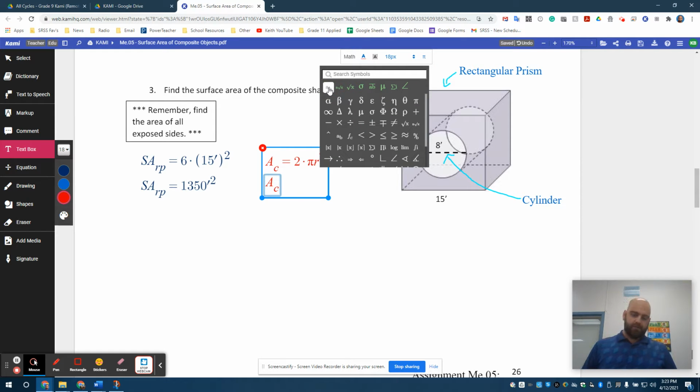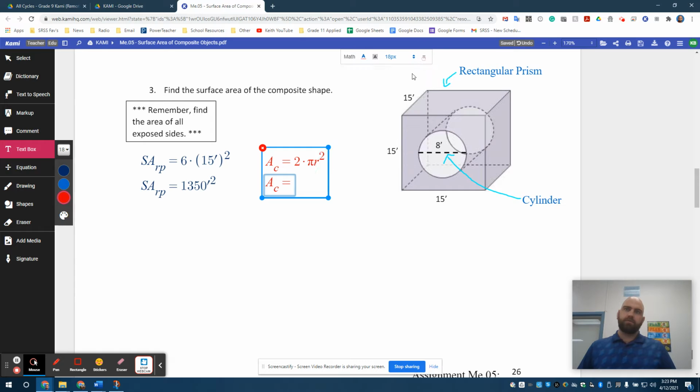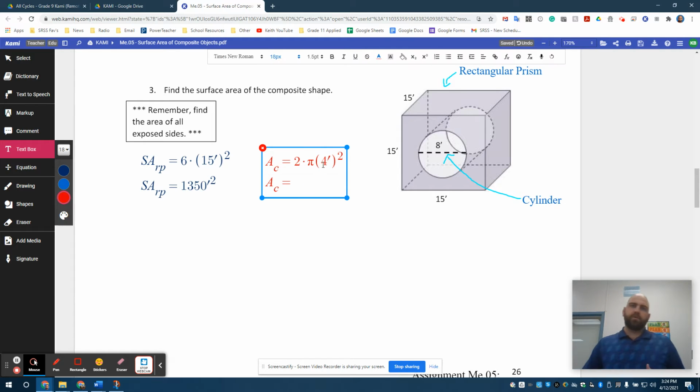So the area of the circle is equal to, actually, let's put the radius in right away. It's 4 feet. So we have pi r squared. I multiplied by 2 right away because we have 2 of them.